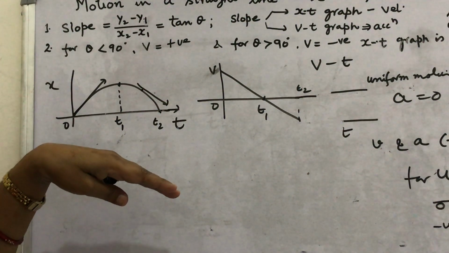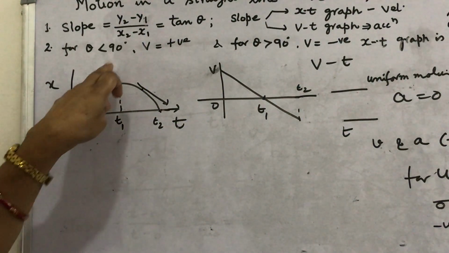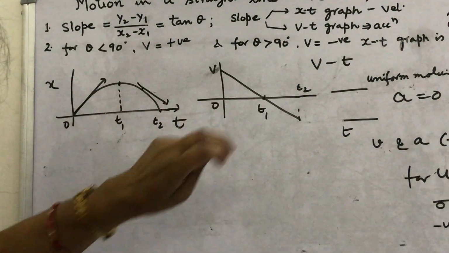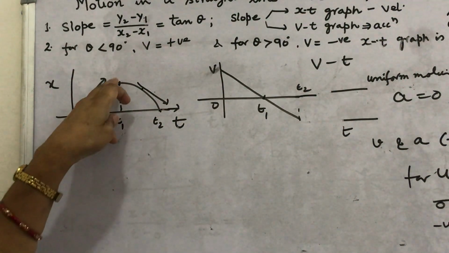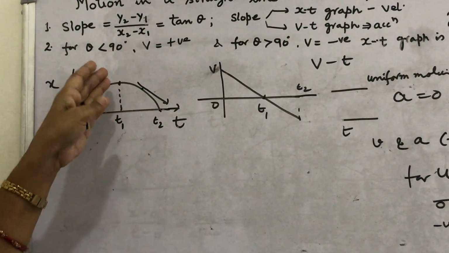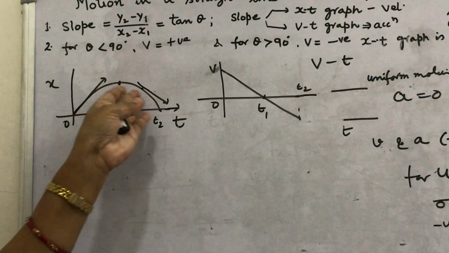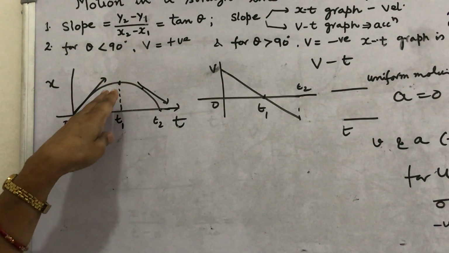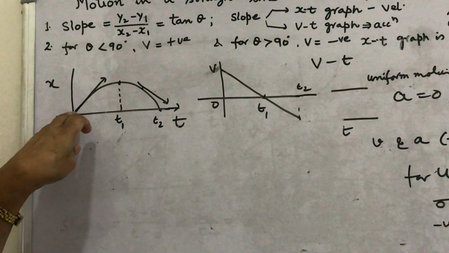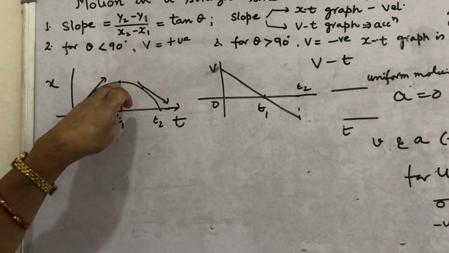Slope decreasing means velocity is decreasing. Initially velocity is maximum, then velocity decreases till t1. After that, velocity again, at the origin, velocity is maximum.